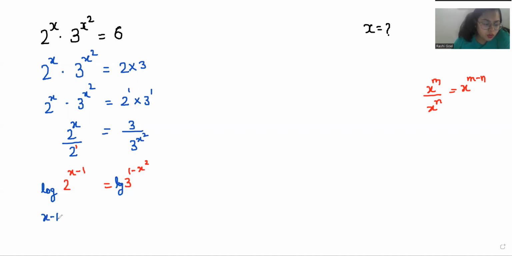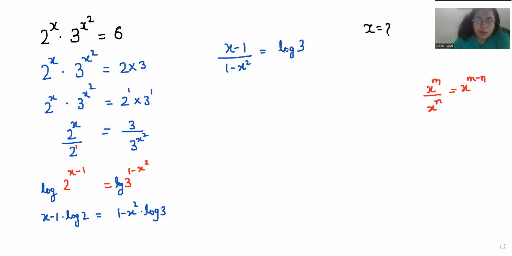So (x−1) times log 2 is equal to (1−x²) log 3. So (x−1) by (1−x²) is equal to log 3 by log 2.